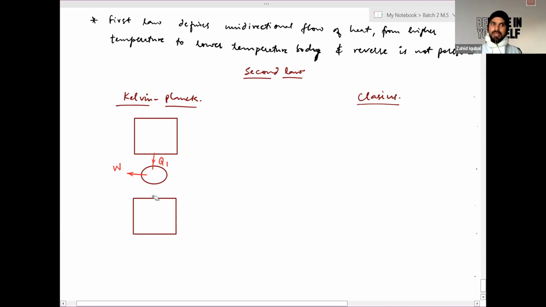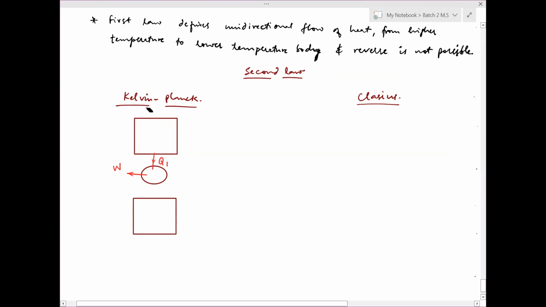For this part, efficiency will equal work done by heat absorbed, and since both are equal, it will become unity, and above I told you, efficiency of a heat engine can never equal 1. So this entire process will not be possible. Is it clear? Yes, sir.